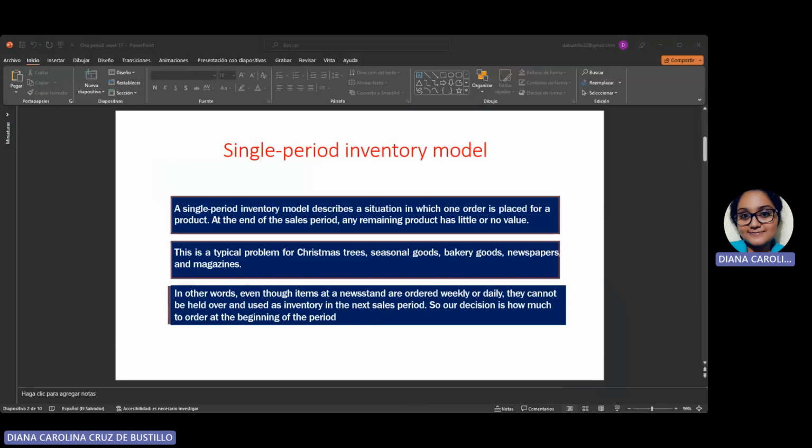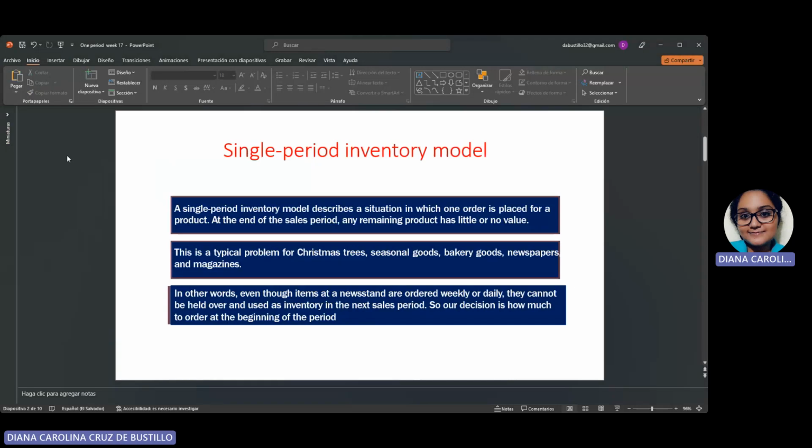That t-shirt that you printed will only have its full value before or during the game. So this is a particular situation in which the traditional models are not that easy to use.